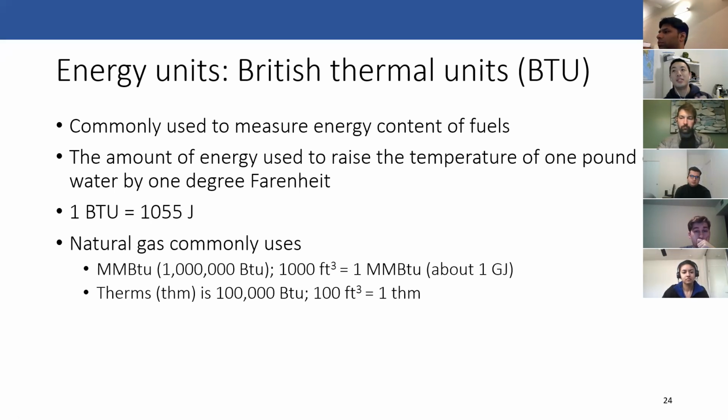And because BTU is a really small unit, oftentimes there are a couple of abbreviations for larger scale units of BTUs. So a therm is 100,000 BTUs, and you can think of that as 100 cubic feet of natural gas.